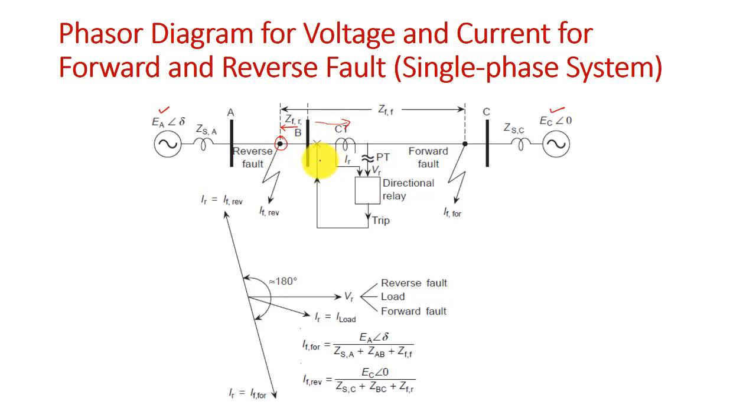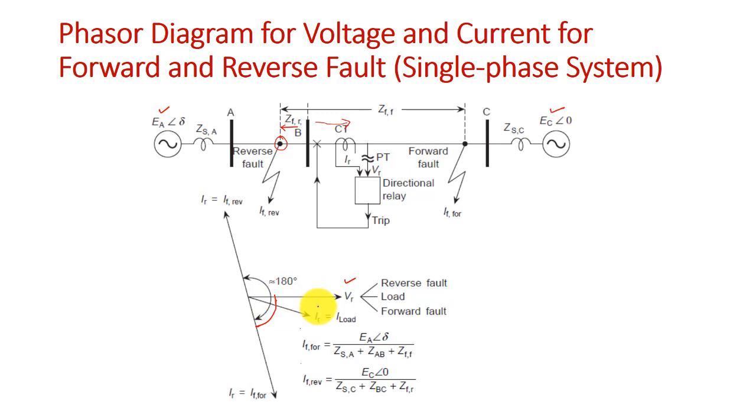Now let us see the phasor diagram of both the currents, forward and reverse. If we plot VR as reference, taking the voltage seen at the relay point VR as the reference voltage, and the forward fault current, it will lag by almost 70 to 80 degrees with respect to VR.